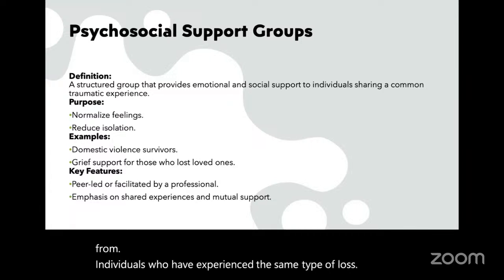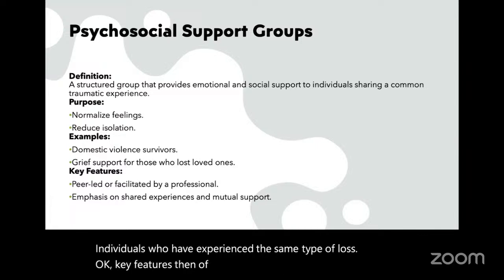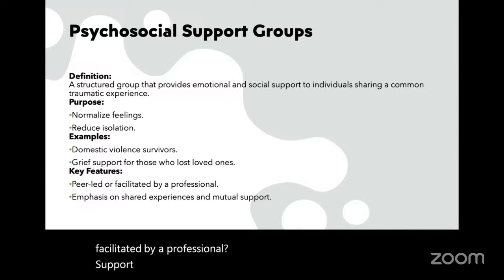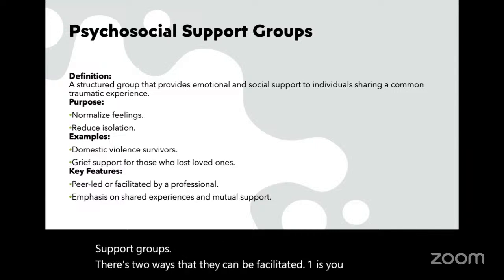Okay. Key features then of the psychosocial groups is that they are peer-led or facilitated by a professional. Support groups can be facilitated in two ways. One is you have the professional facilitator.